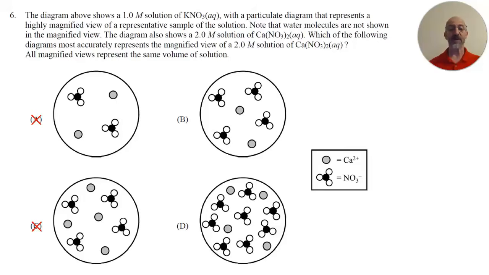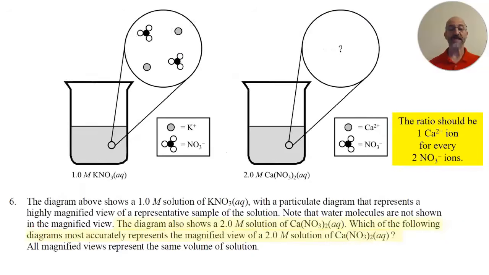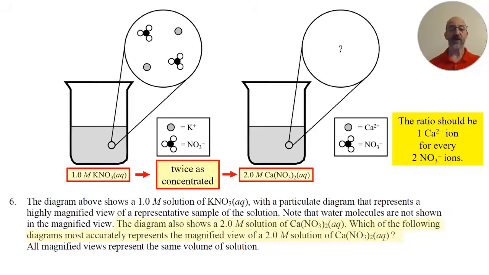There's one more detail we need to focus on, and that is the concentration is not the same in each beaker. So in the beaker on the left, it's a 1 molar solution, but then the beaker on the right, it is a 2 molar solution. So what does twice as concentrated mean for this particulate diagram? Well, instead of 2 gray circles representing 2 potassium ions, it needs to be twice as concentrated, so there should be 4 gray circles in the diagram.